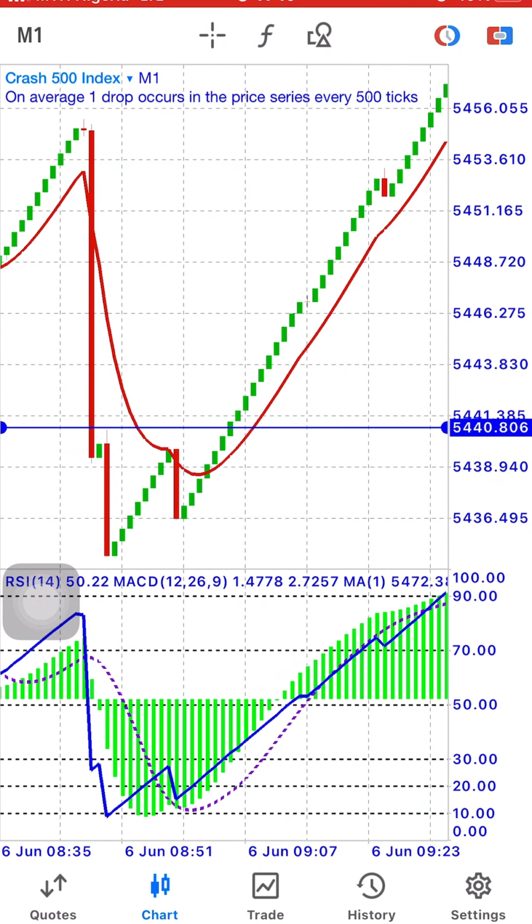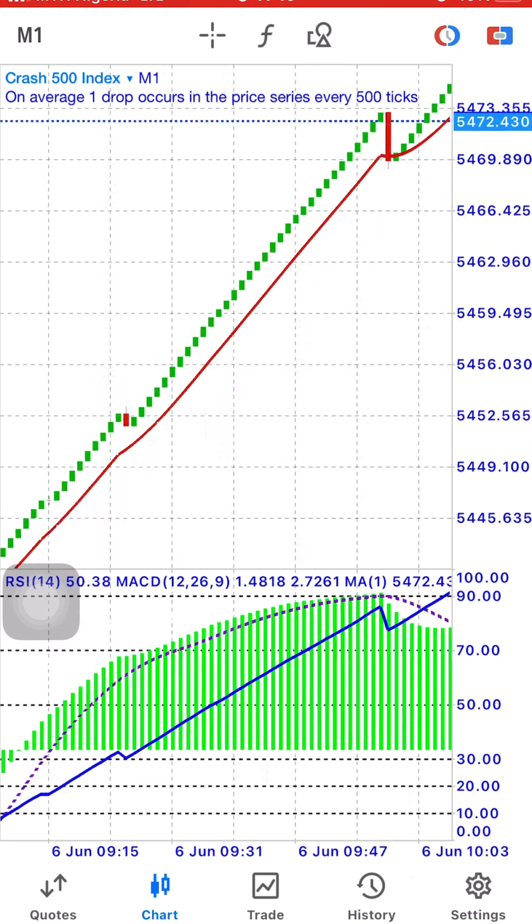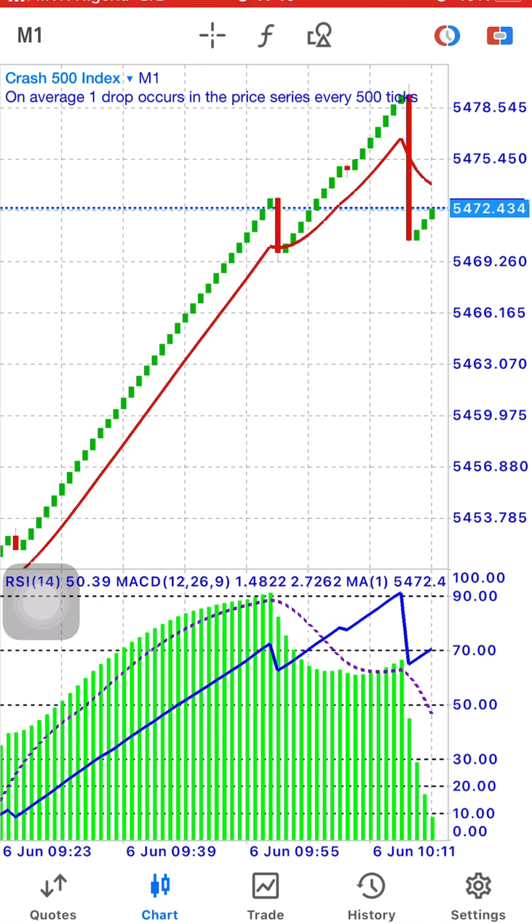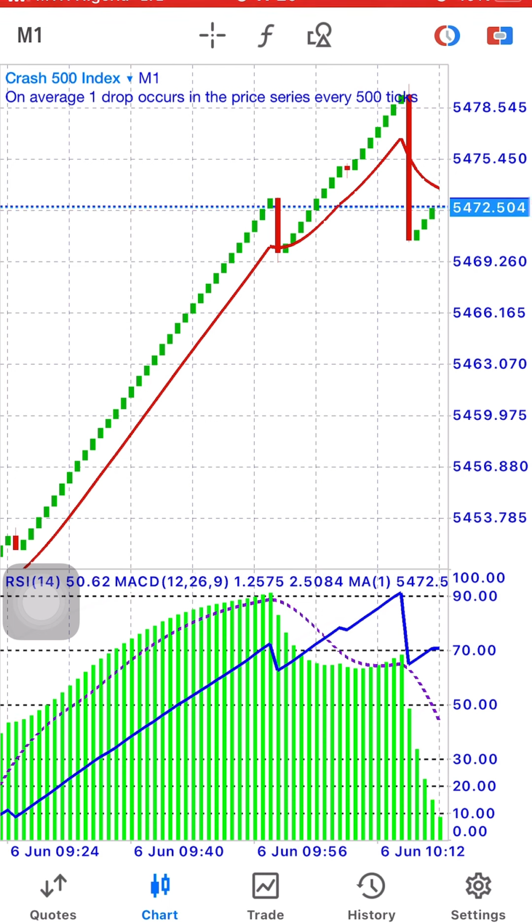I hope with this analysis so far you should be able to trade successfully. So do more practice on your demo account with the trend line, with the price action. Another thing too is this: you should study the direction the market is going. Like if the market has gotten to level 90, you know the next thing is that it will come down.